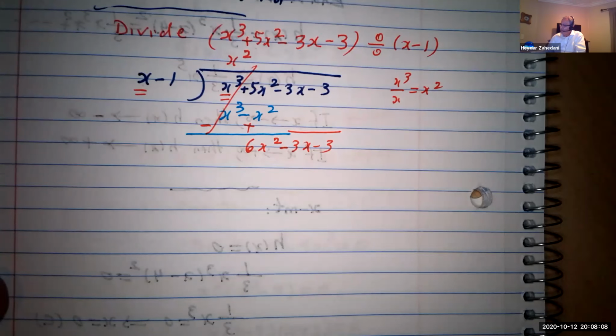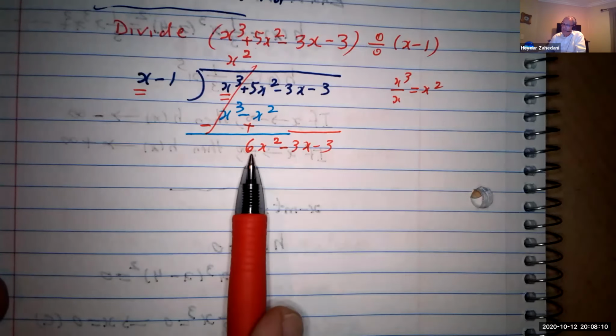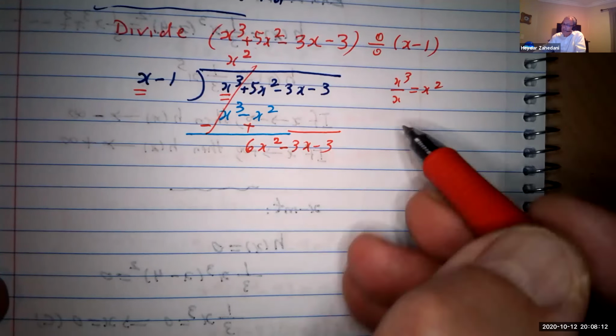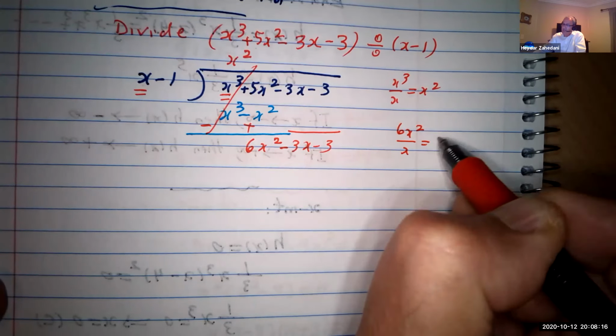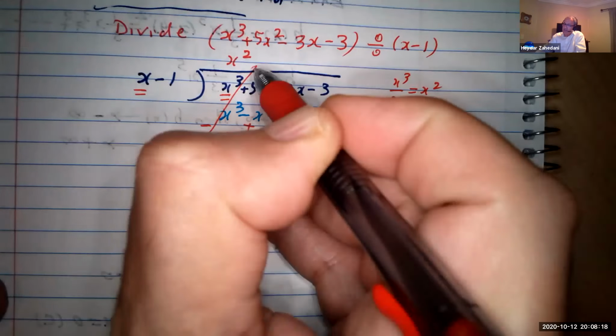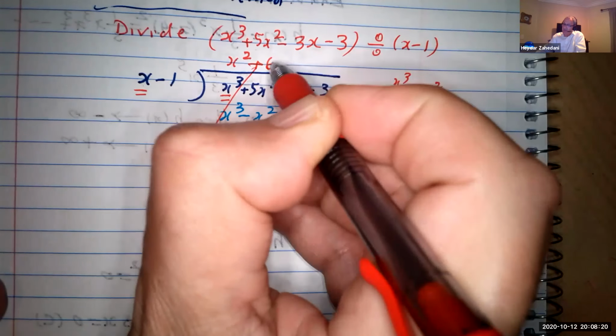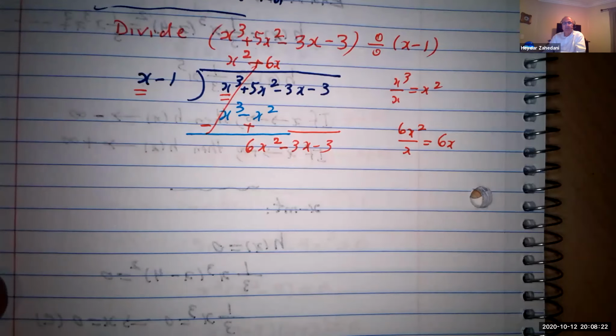Now we continue. We divide the 6x squared by x. You simplify it, that gives 6x. So we put the 6x on the top, and then we multiply again.